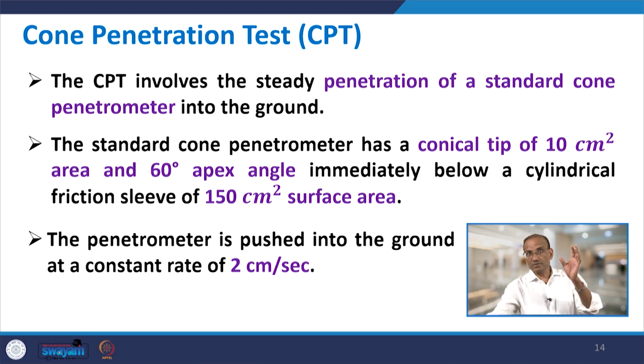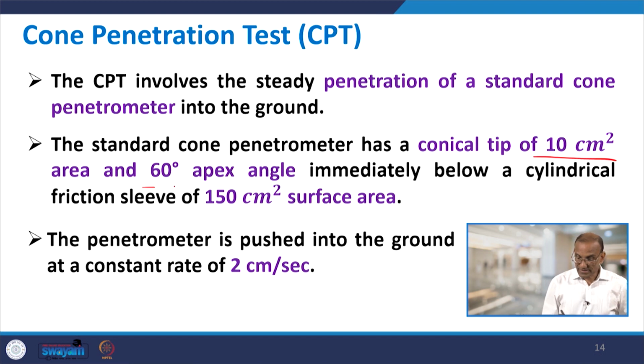So, like SPT, in the CPT also many things are standardized. You have the cone, which has a tip, and the area of the tip is 10 centimeter square with an apex angle of 60 degree, and they are immediately below a cylindrical friction sleeve, and the area of the friction sleeve is 150 centimeter square.